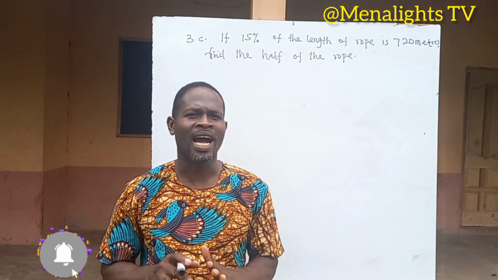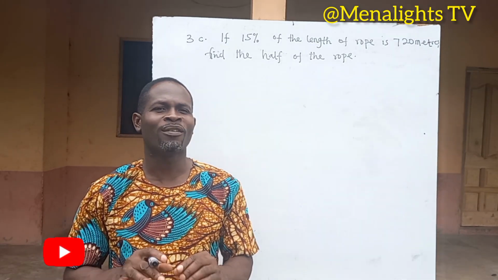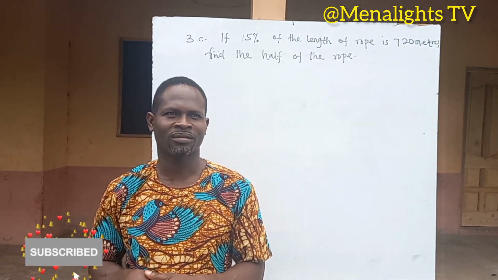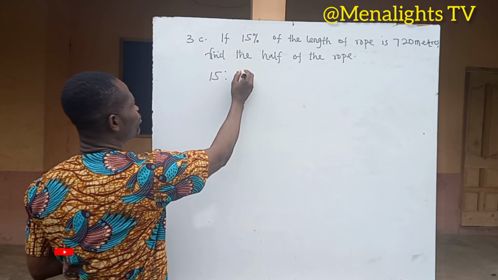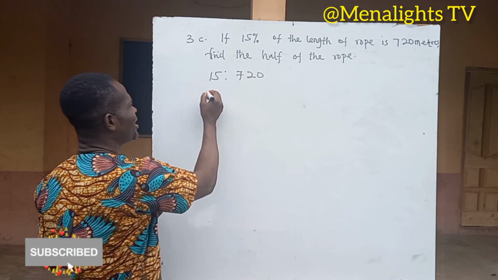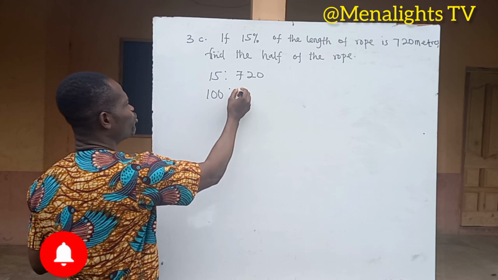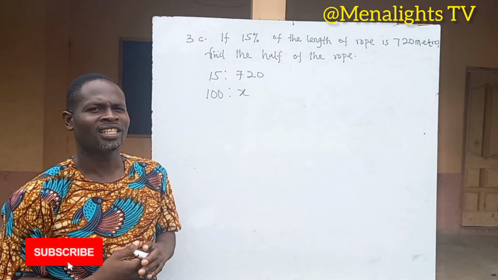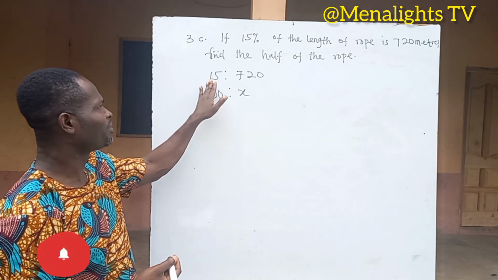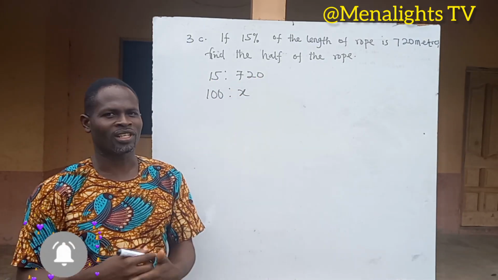Before we find the half of the rope, first we have to know the full length of the rope. So we say that 15% is to 720 as 100% is to x. We don't know the value of 100% of the rope, but we know that 15% is equal to 720.